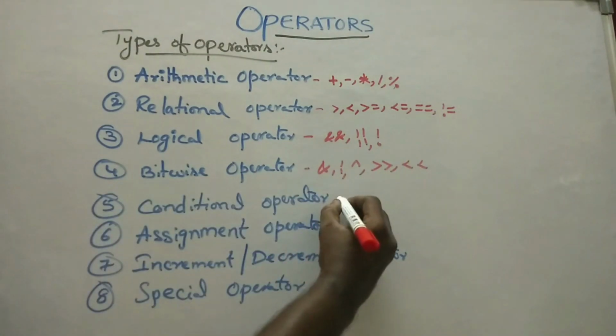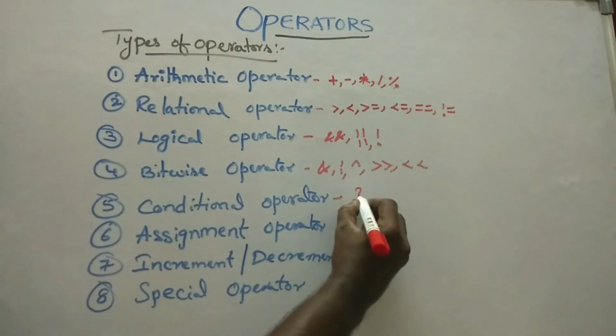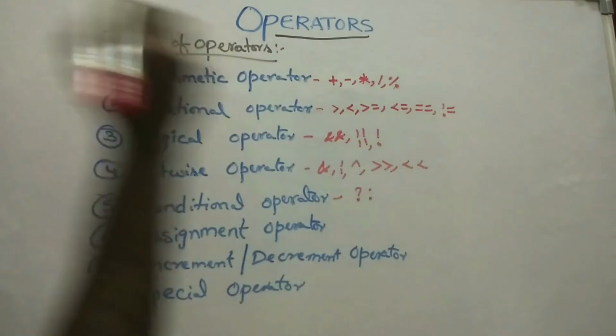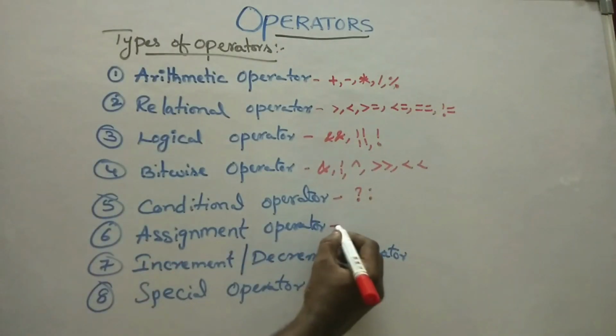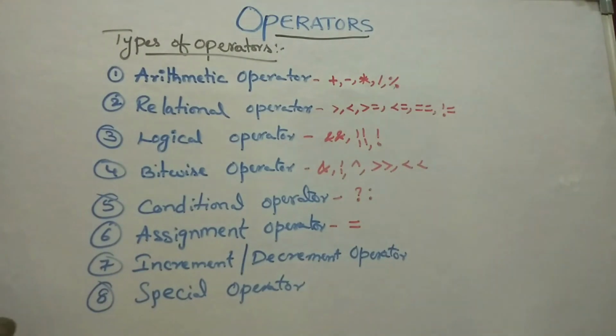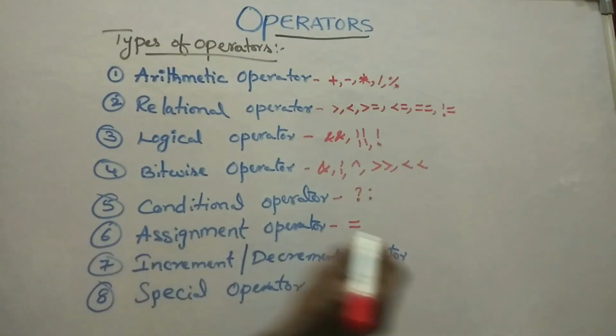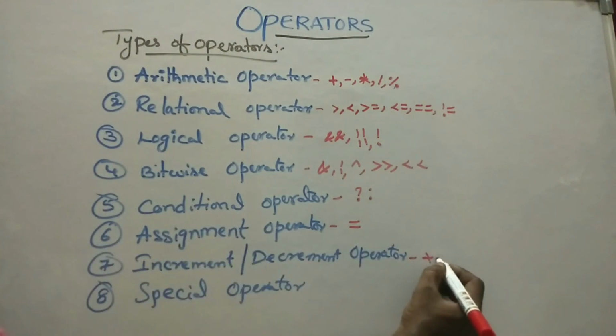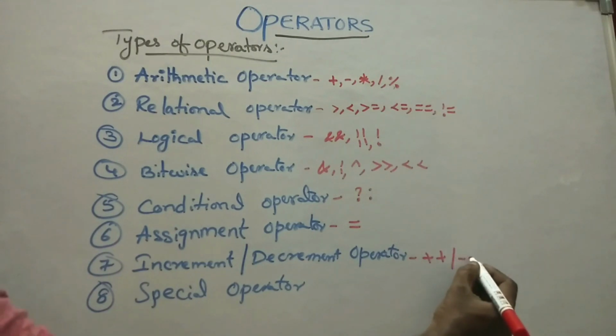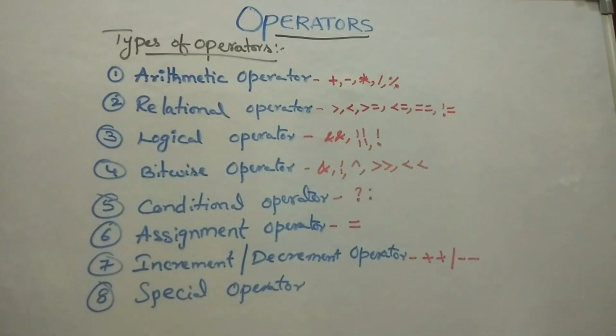Next, the conditional operator is the question mark and colon. The assignment operator is equal to. For increment or decrement operators, plus plus is the increment operator and minus minus is the decrement operator.